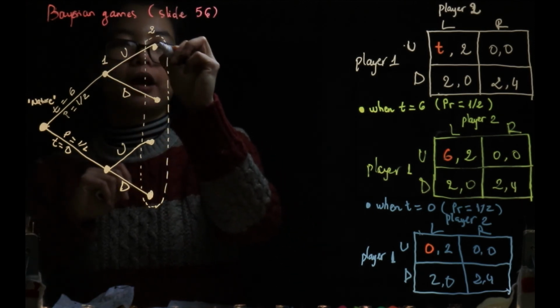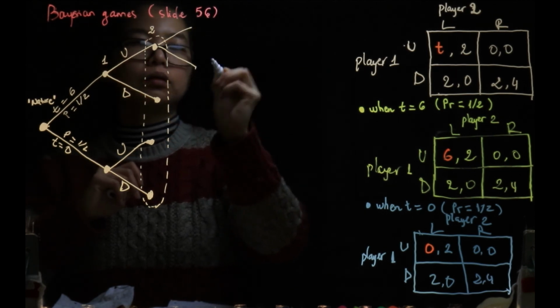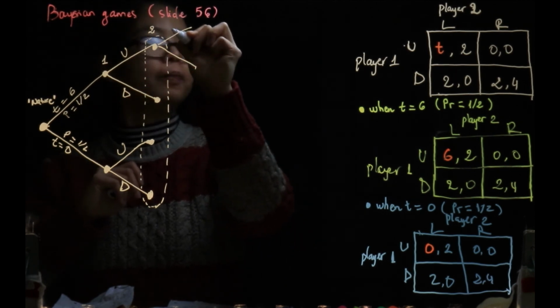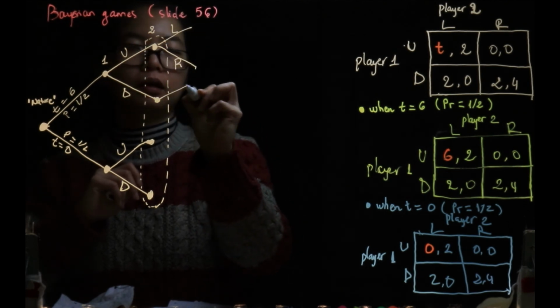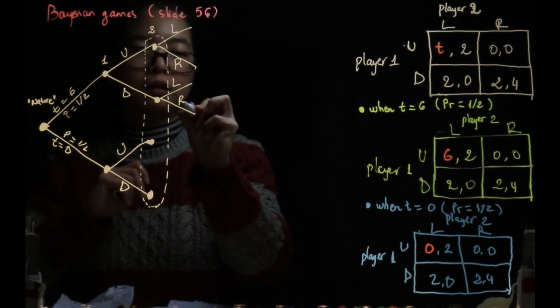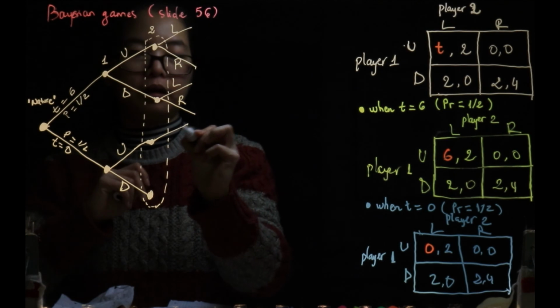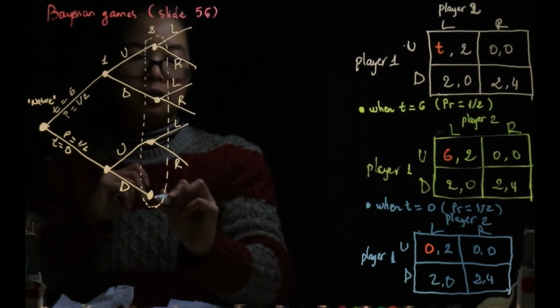So he has two possibilities, left or right, and then left or right everywhere.